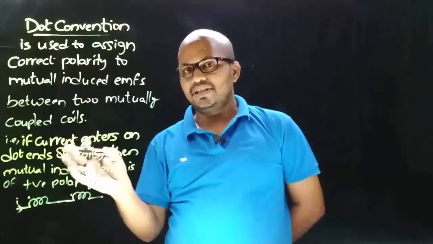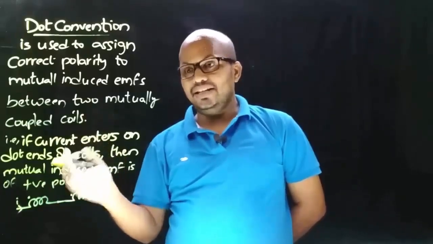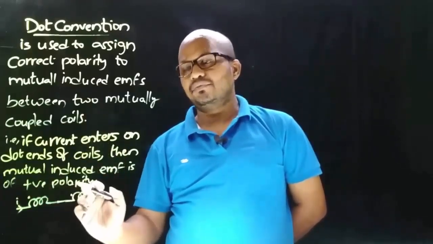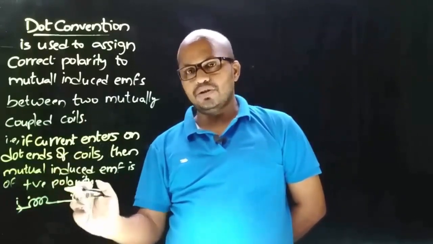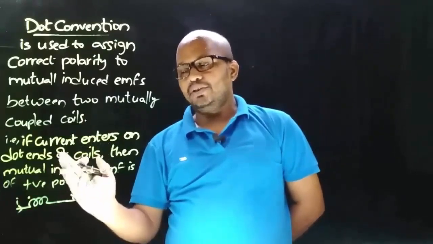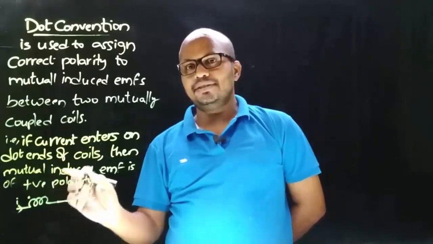And this can also be stated in another way, that is, if current leaves on non-dot ends of the two mutually coupled coils, then the polarity of induced EMF between these two coils is positive.